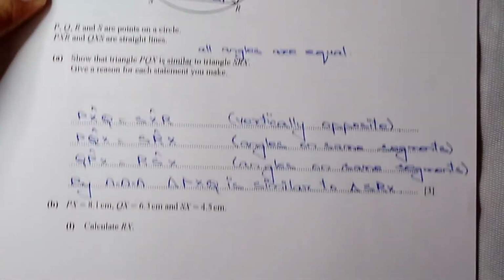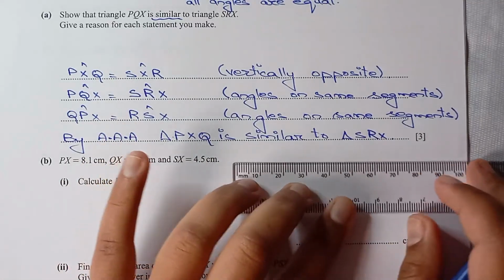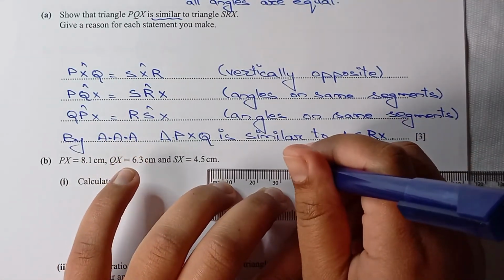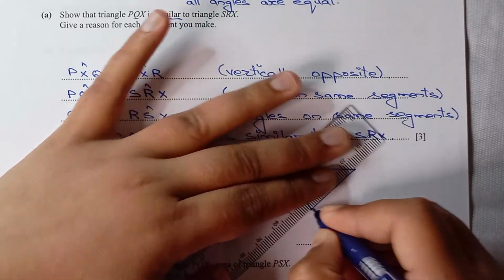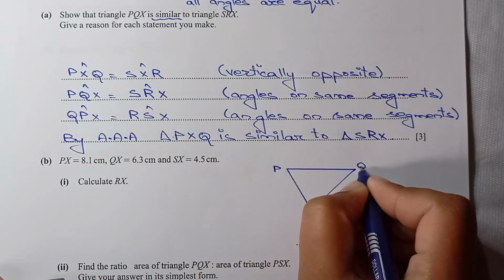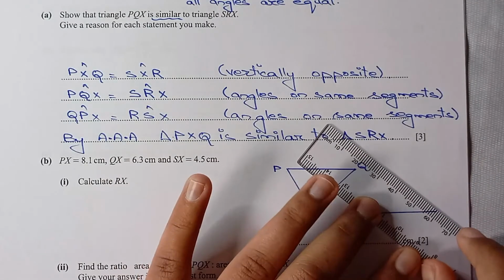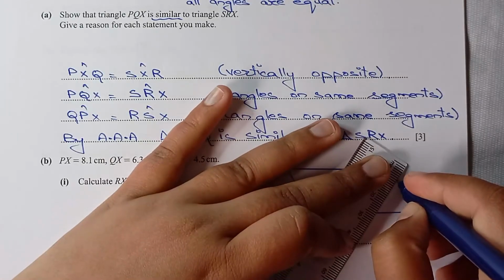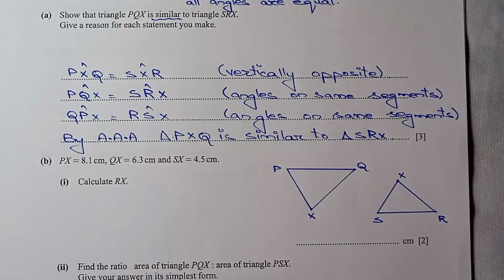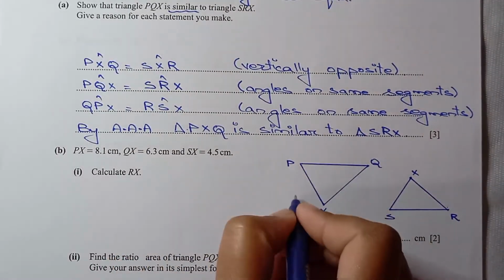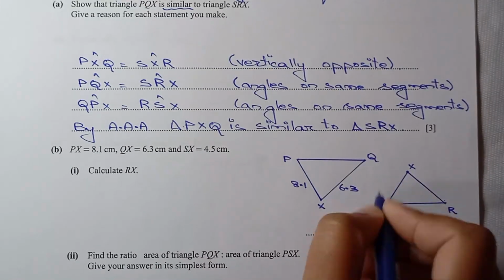Okay, let me draw both of the two similar triangles separately because these two triangles are similar, so we are going to use the concept of similar triangles. So if I have the first triangle PQX, this is P, this is Q, and this is X, and the other triangle is S, X, and R. Okay, so P to X is 8.1, Q to X is 6.3, and S to X is 4.5.